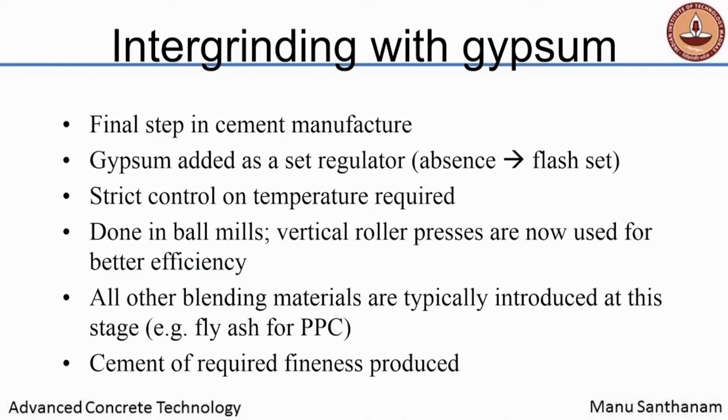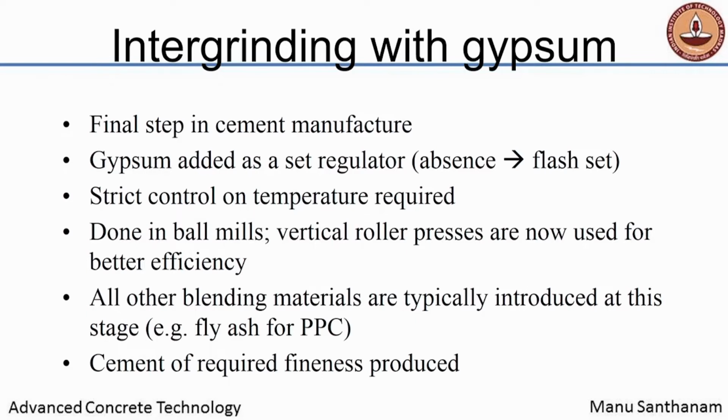Now, of course, I was telling you that this process typically happens in ball mills, but today there are several other types of mills also, like a vertical roller mill or even a horizontal roller mill, that ensure much better efficiency in grinding. Efficiency means that much of the energy goes towards the grinding and very little is actually lost out as heat.